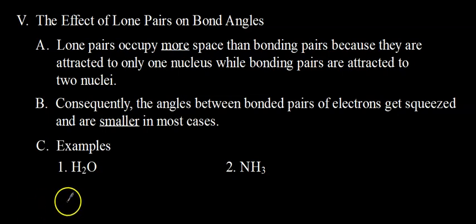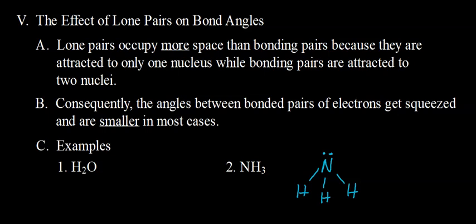Let's take a look at, I'm going to start with ammonia, even though it's number 2. So let's go ahead and draw the Lewis structure for ammonia. Pause the video. So ammonia has a tetrahedral electron geometry, which would indicate 109.5 degree bond angles, same as any other tetrahedral molecule.